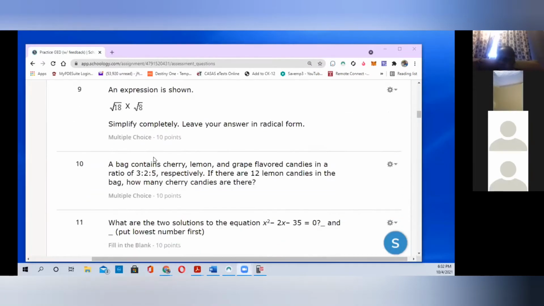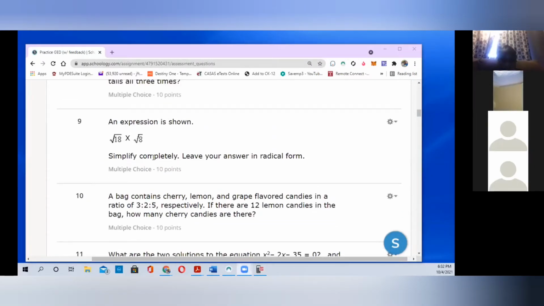Now, number 9, if you know how to use the calculator, should take you less than 10 seconds. If you do not know how to do this on the calculator, it'll take you about 1.5 minutes. So I'm going to give you 1.5 minutes to do number 9, and then we're going to go over.